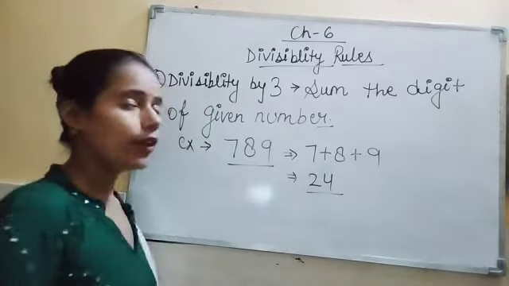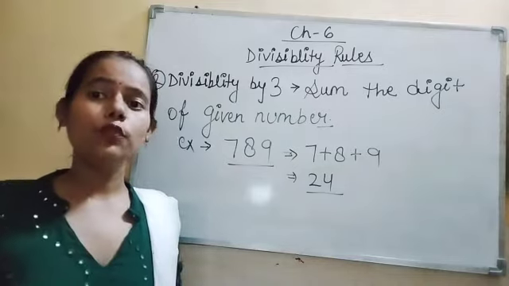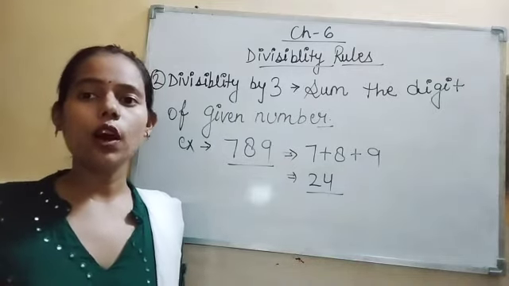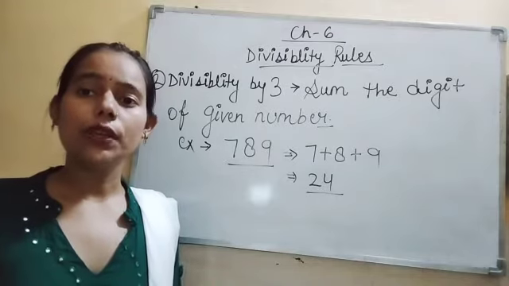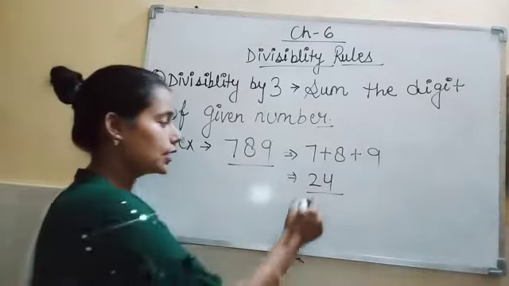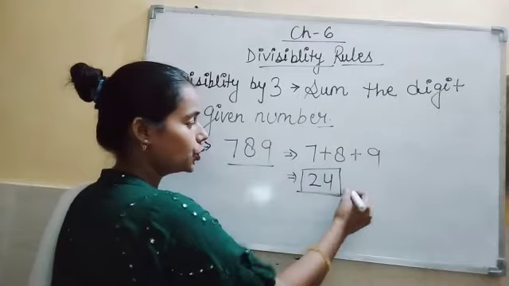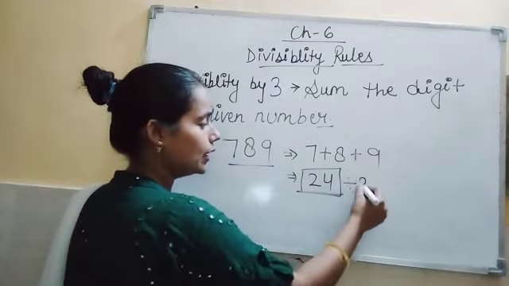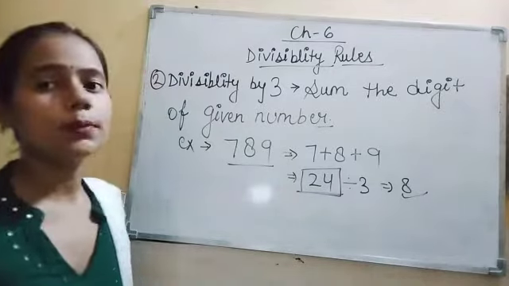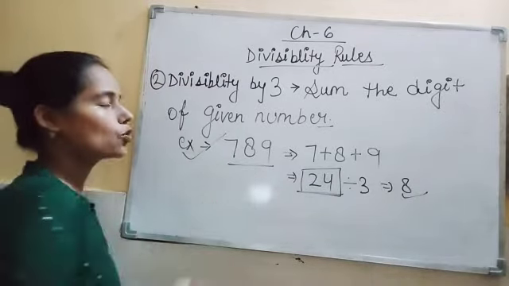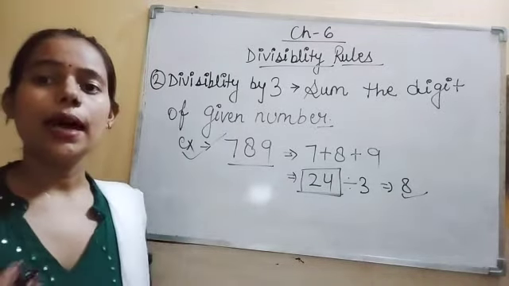Now we have to check whether 24 comes in the table of 3 or not. So class, 3 8s are 24. So 24 is divisible by 3. So if the sum is divisible, then our number is also divisible by 3.